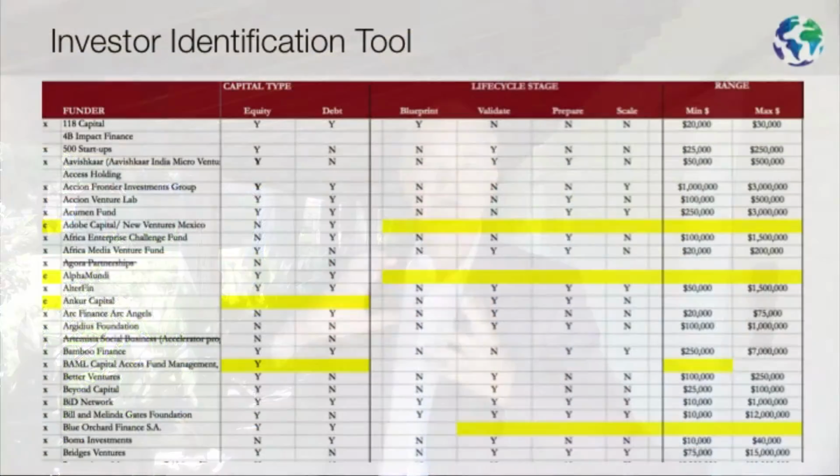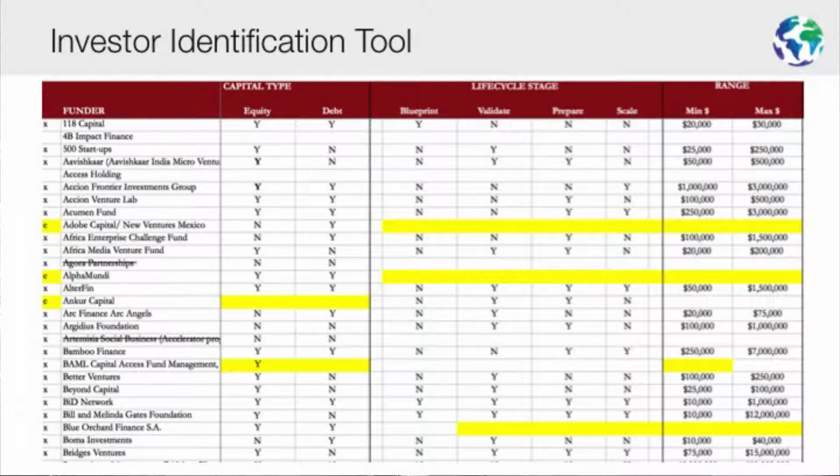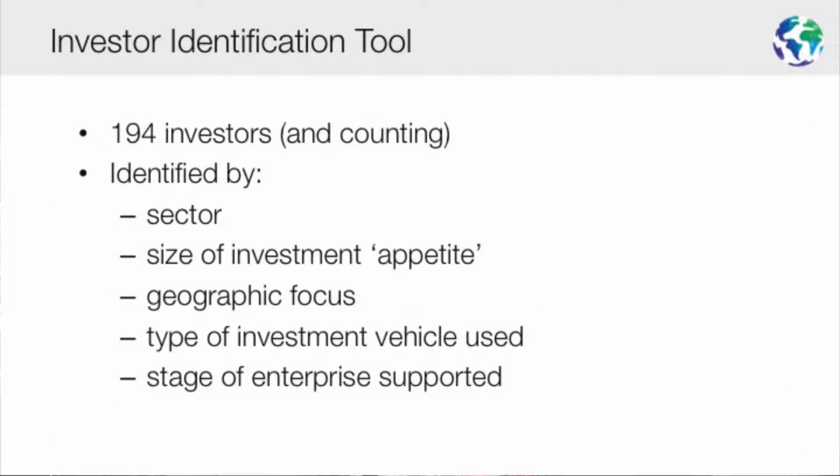Okay, so let's go into a tool that will help you create the rubric cube, so to speak, the tool that will help you identify where the investors are that are most appropriate for you and your enterprise. There is a tool that, when you come into the in-residence program, we can help you with, and your mentors can help you with, that is essentially a list of over 190 investors. That list is growing.